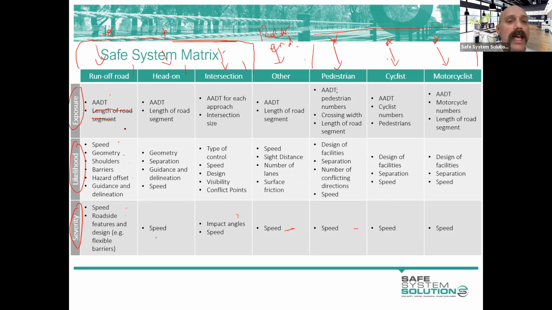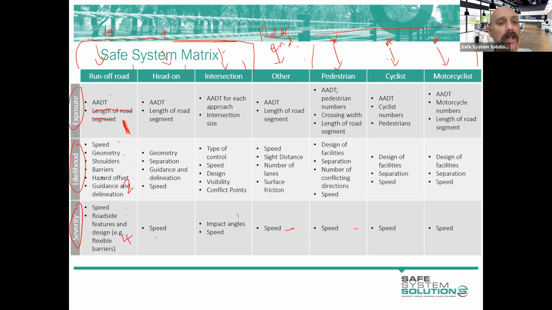So you might say, I've got an exposure score of 1, and I've got a likelihood score of 2, and I've got a severity score of 4, for example. So what that would be saying is that I've got fairly low traffic volume of cars on this road. I've got a fairly good environment in terms of stopping people leaving the road.